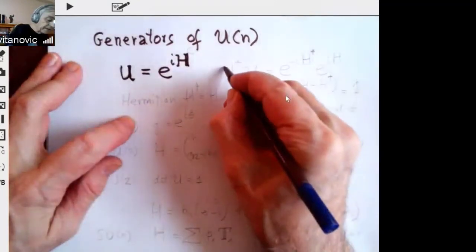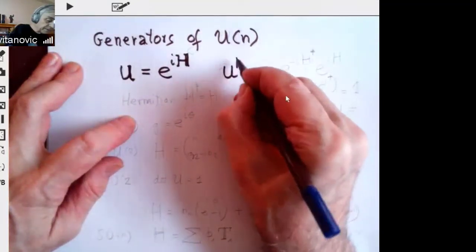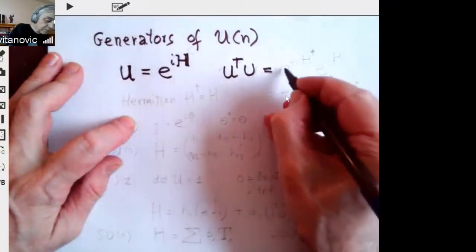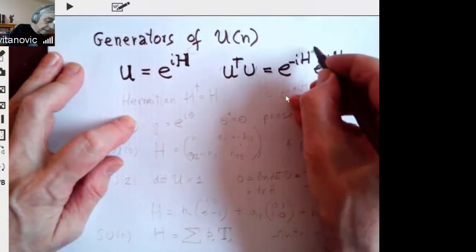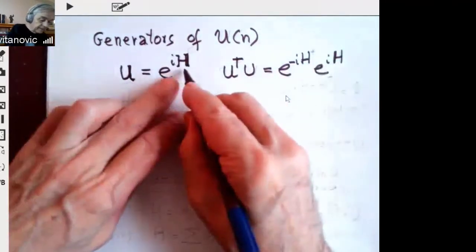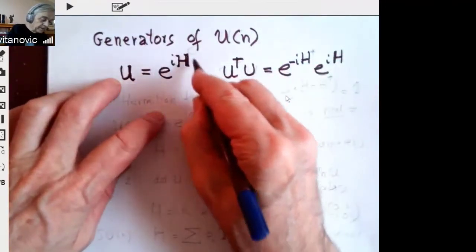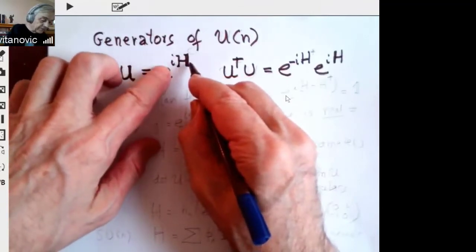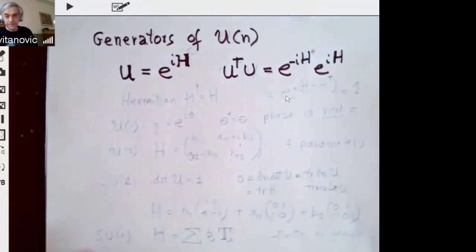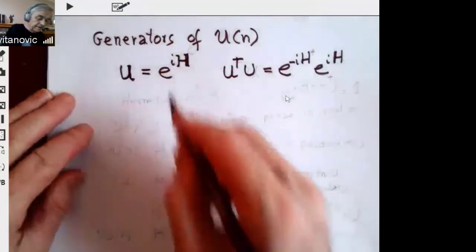Now, they have to satisfy the defining property of unitary matrices, that if I take two of these and multiply them, that's the same as taking the Hermitian conjugate of this thing. I can expand it as a series and do it for all the terms if you don't like looking at an exponent.